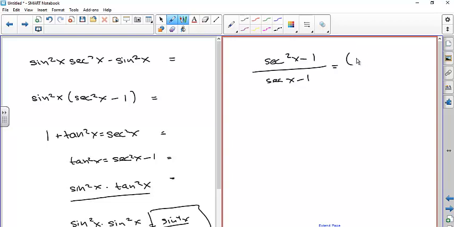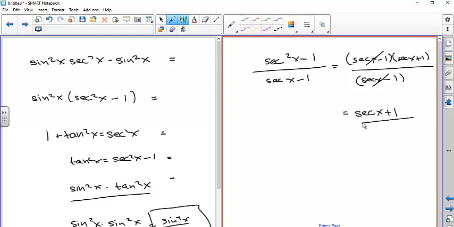But if you factor this as secant of x minus 1 times secant of x plus 1, and you divide by secant of x minus 1, you can see that these are the same, and so you can replace it. So you get rid of the rational function, and that one looks pretty good.